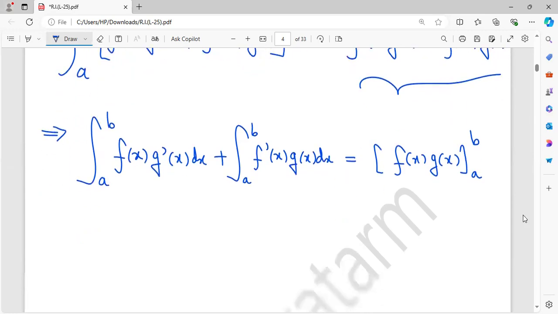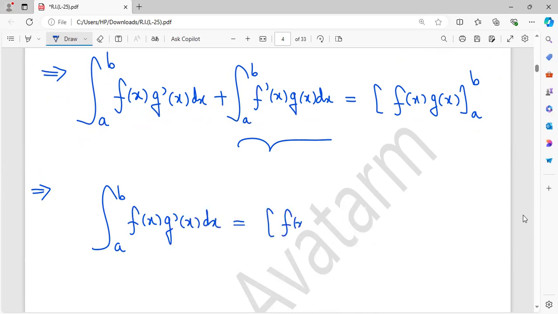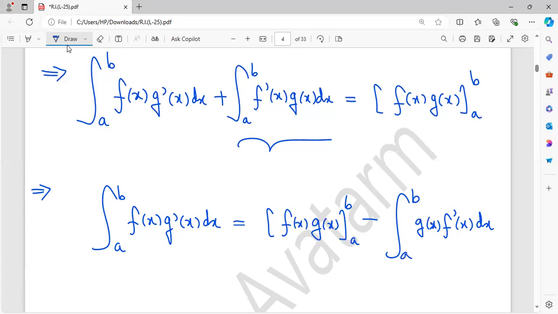So what we got is, bringing this to the other side, the integral from a to b of f(x) g dash(x) dx is equal to f(x) g(x) with limits a to b minus the integral from a to b of g(x) f dash(x) dx. So the formula is proved. We need to prove only this much.